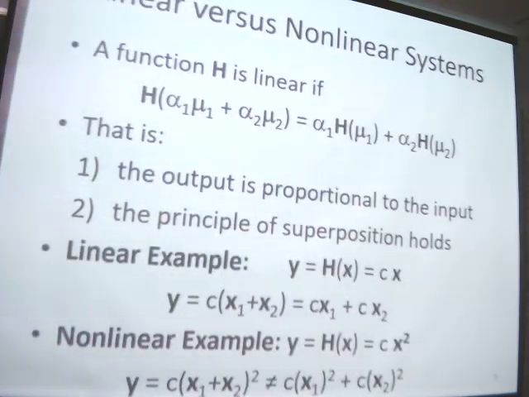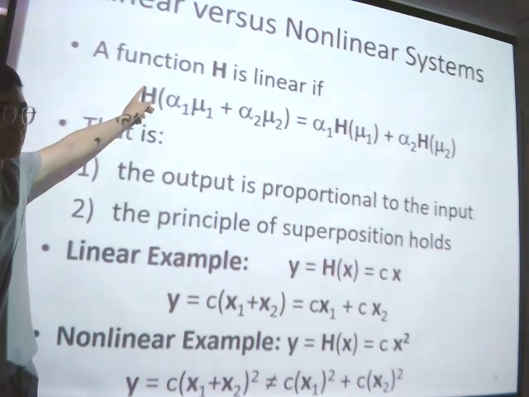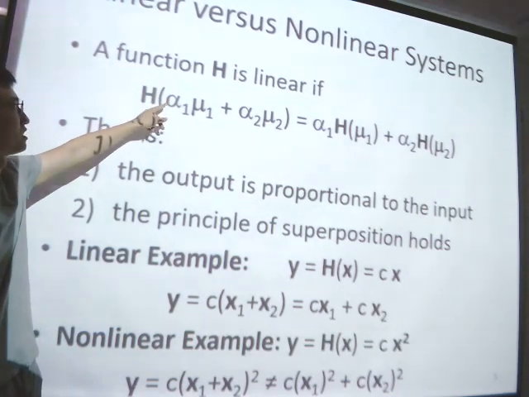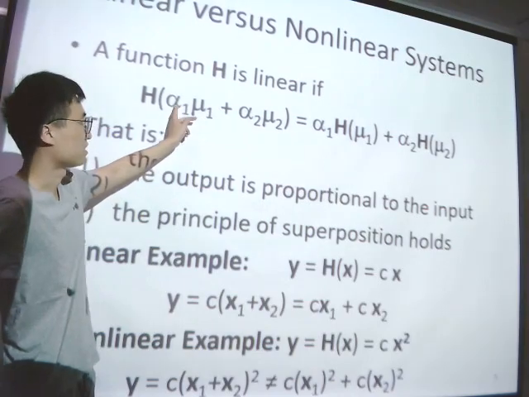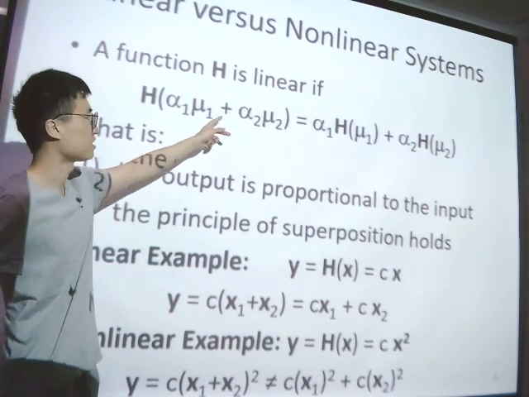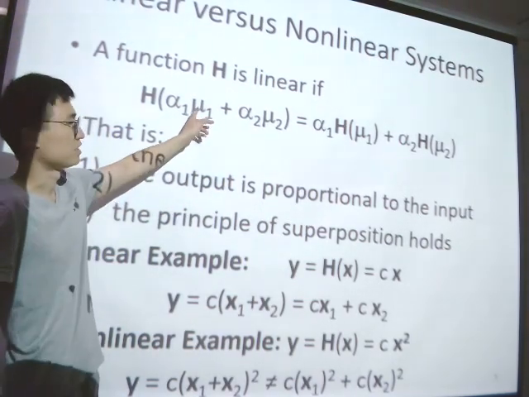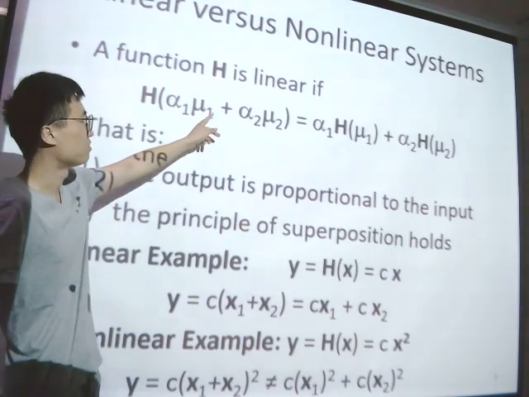Before we start, we need some preparation knowledge of mathematics: linear and non-linear systems. This is a mathematical function h. It is linear because it has coefficients alpha 1 and alpha 2 with two input values, mu 1 and mu 2.